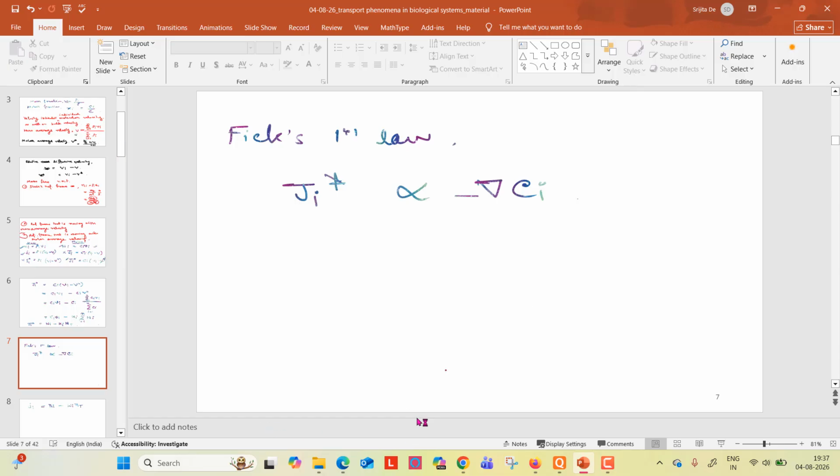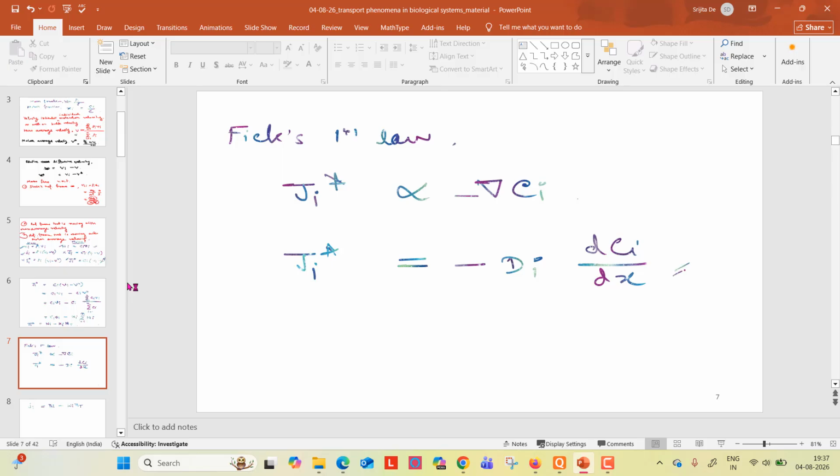So now it is proportional to the concentration gradient. So how can we write it? Ji star equals, when we convert it from proportionality to an equal sign, we need to use a proportionality constant. So it is nothing but minus Di grad Ci, or you can use dCi/dx.